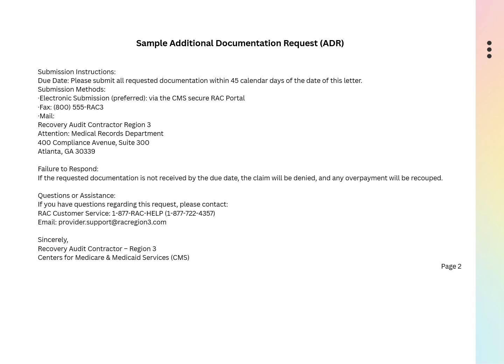Recovery Audit Contractor Region 3. Attention, Medical Records Department. 400 Compliance Avenue, Suite 300. Atlanta, Georgia 30339. Failure to respond. If the requested documentation is not received by the due date, the claim will be denied, and any overpayment will be recouped.